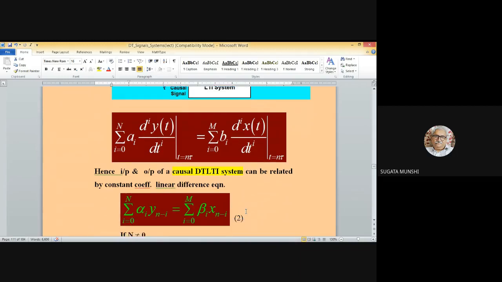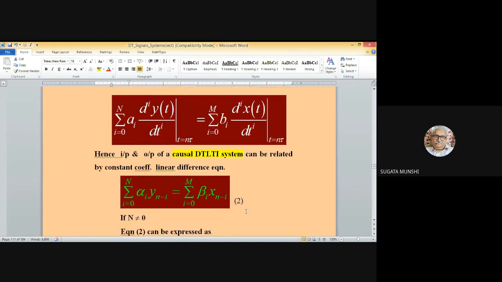So in case of the DT-LTI system, we have this constant coefficient linear difference equation representation relating the output yn to the input xn.